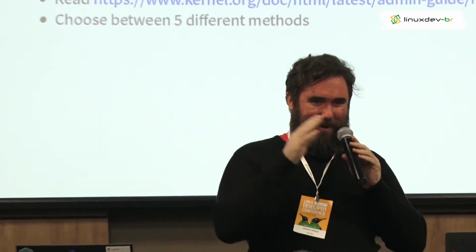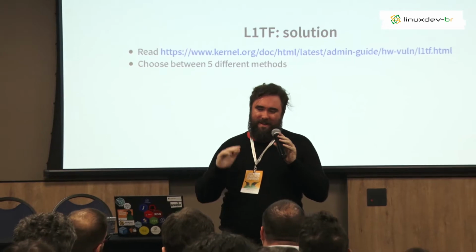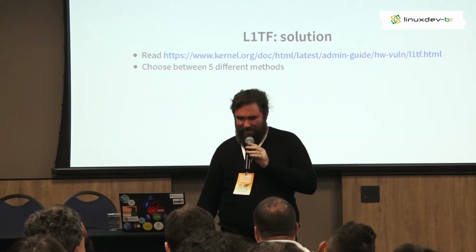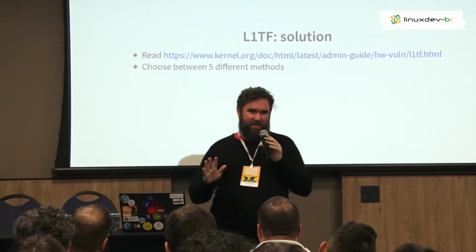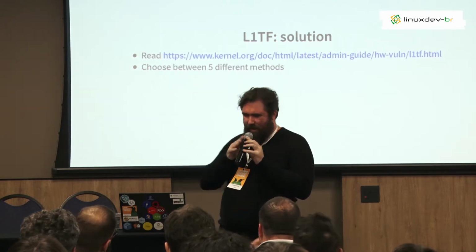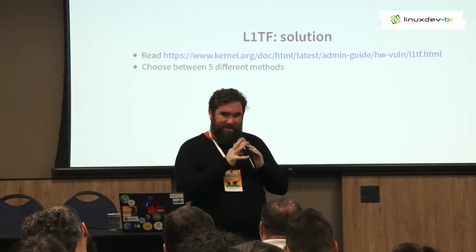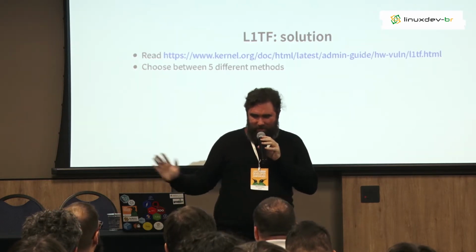I don't know how long it is, but you need to choose between 5 different alternatives. None of them are perfect, and see what you can do. Luckily, I mean, the good news is that I didn't have to do anything for this bug, because it didn't affect KVM, it didn't affect QEMU, but you still need to be aware of it.